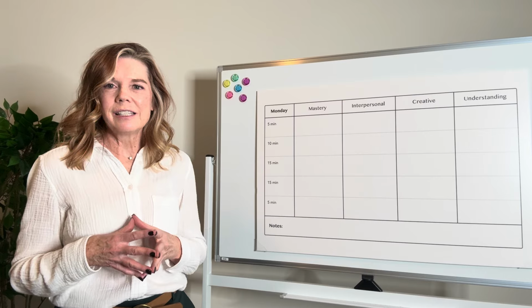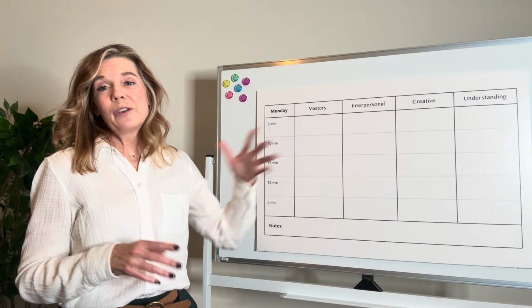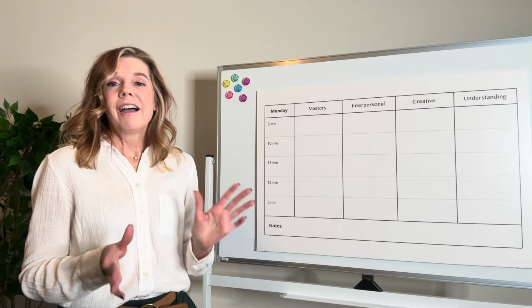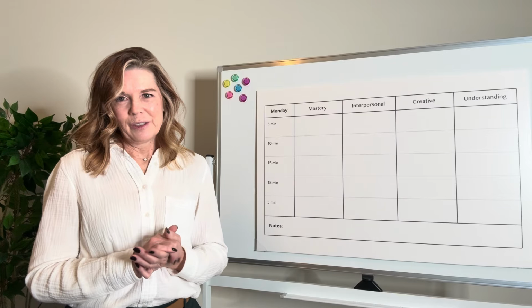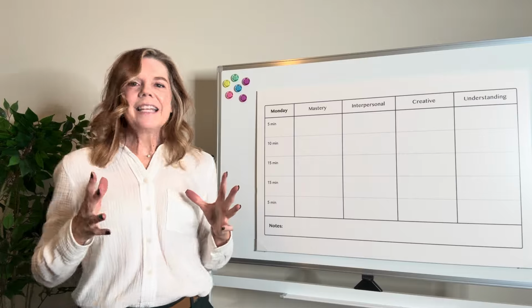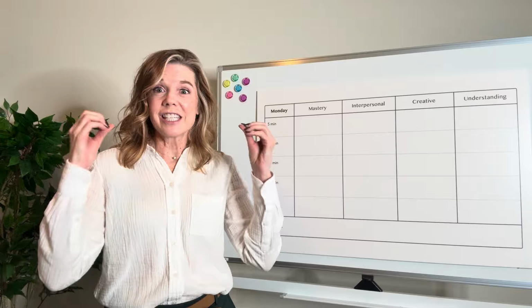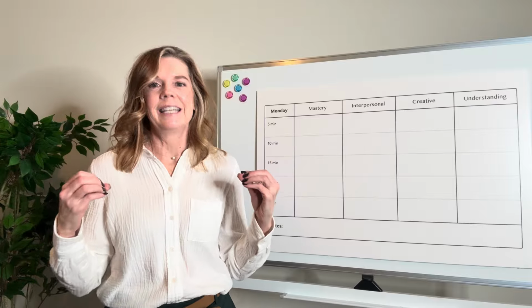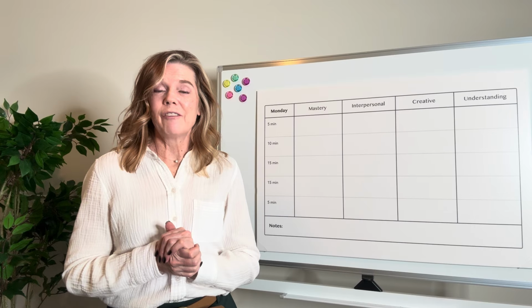Interpersonal learning style is preferred by about 40% of the students. And then creative and understanding are each the remaining 10%. But I like to have in the lesson plan template all 4 learning styles staring at me every day when I'm planning a lesson so that I am reaching 100% of my kids.